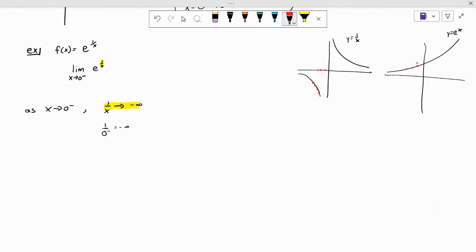It looks like e to the x is approaching the value of 0. So as 1 over x goes to negative infinity, e to the 1 over x goes to 0. Okay, so the limit from the left is 0.